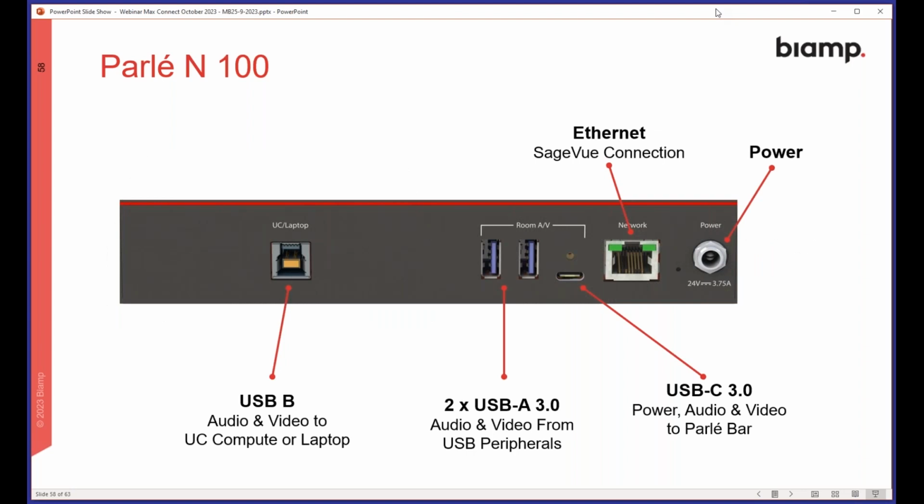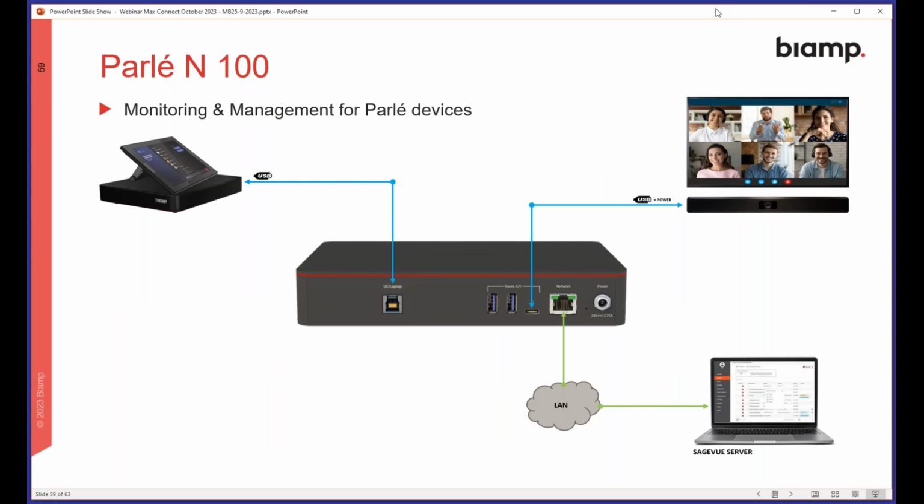So we have the USB port for the connection to the UC computer or laptop, the USB port for the connection to the peripherals, the USB-C, for example, for the connection to the Parlé bar, and the network for the connection to the SageView, for example.